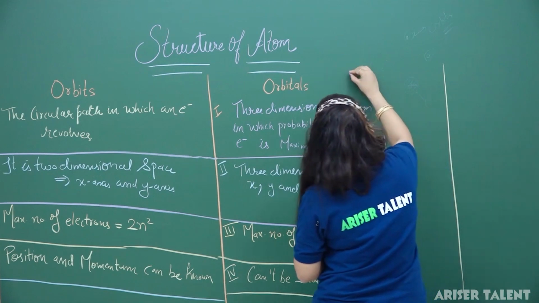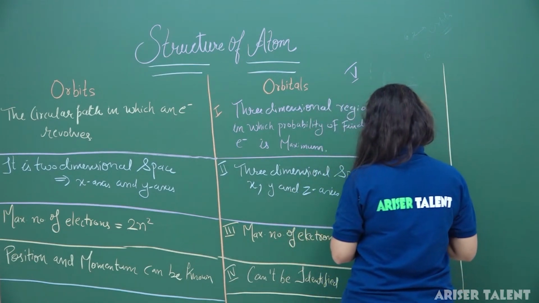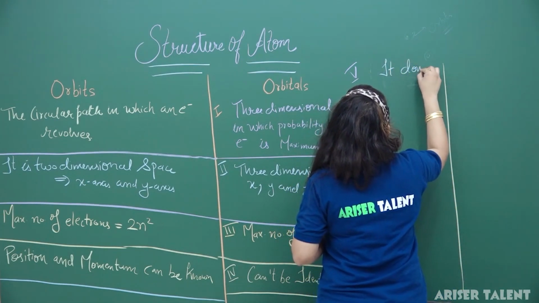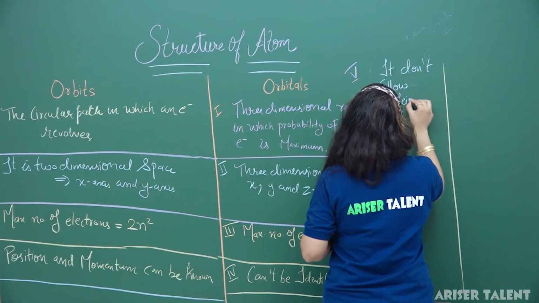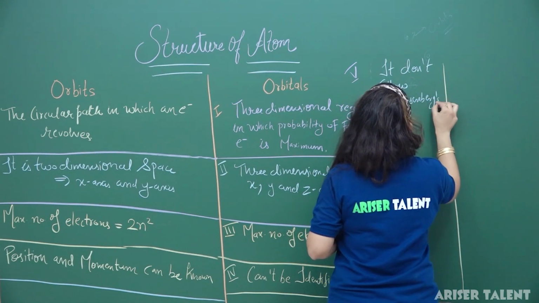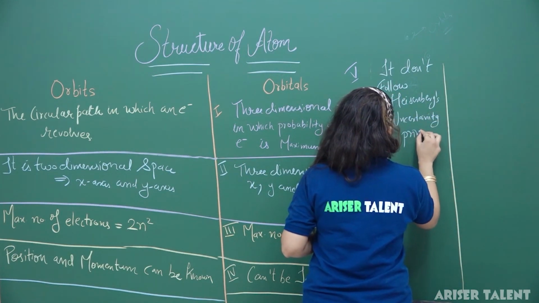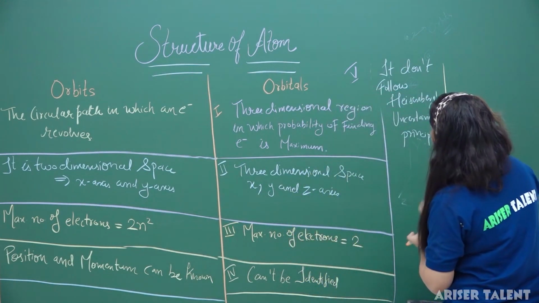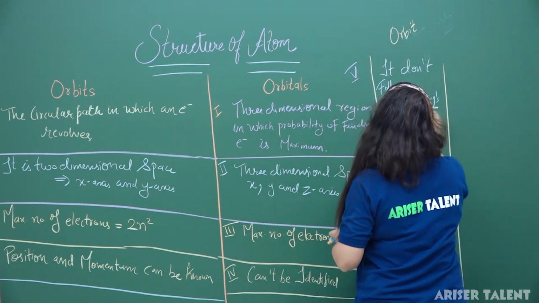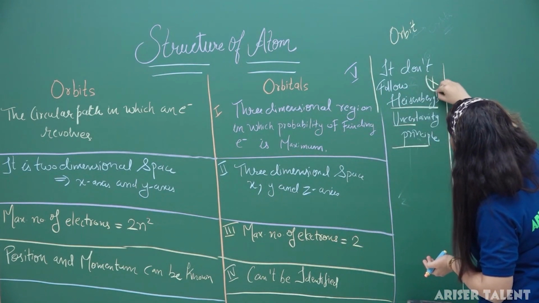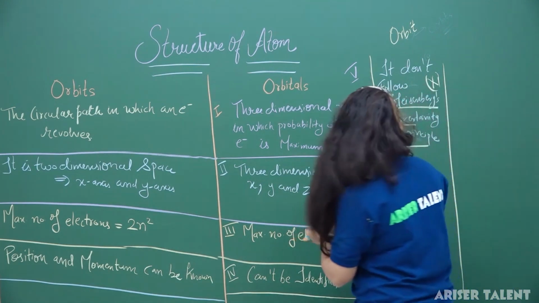So our fifth point is that Heisenberg's uncertainty principle is not followed in case of an orbit. But the orbital is going to follow Heisenberg's uncertainty principle.